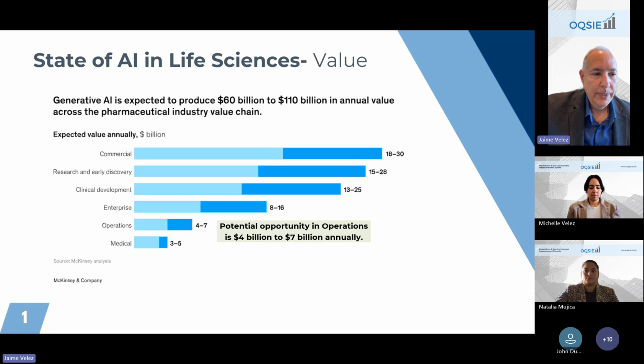There are larger opportunities at the moment in commercial and R&D and clinical development, and likely some of your AI teams are maybe focused on those areas. So we'll talk about potential areas of where to start that will require very limited support from your internal organizations.